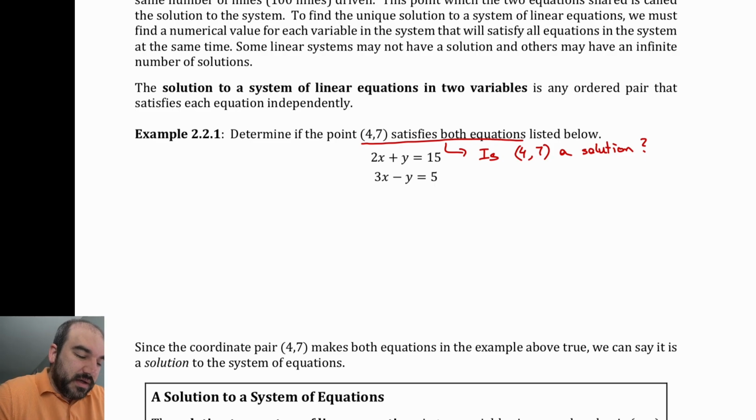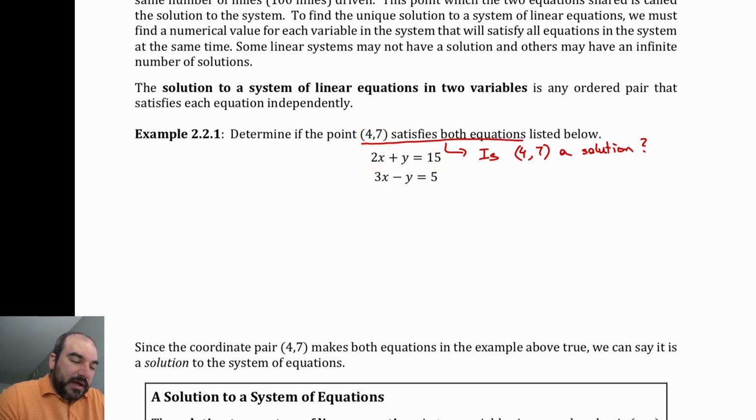Because if a point satisfies both equations, that's what we call a solution to the system. All we have to do here is check whether this point lies on both of these lines or curves, depending on what kind of equations we have. Here we're talking about linear equations specifically, so these are going to be lines, and for the whole section as well. So we're checking whether this point lies on this line.